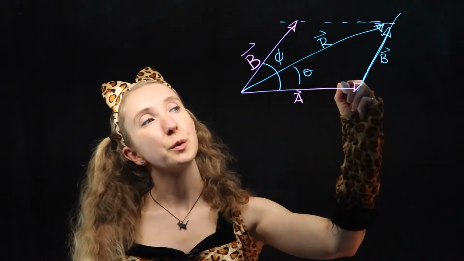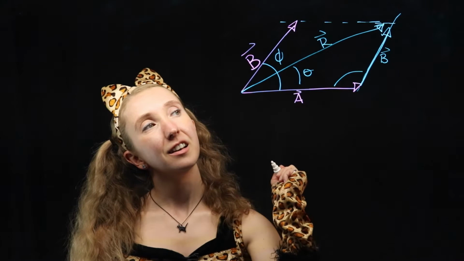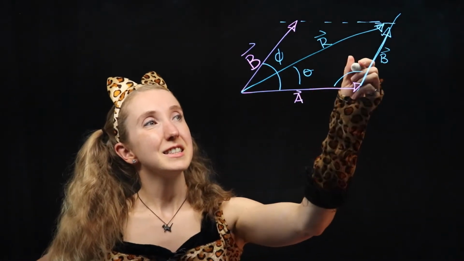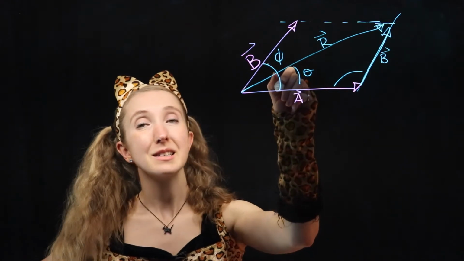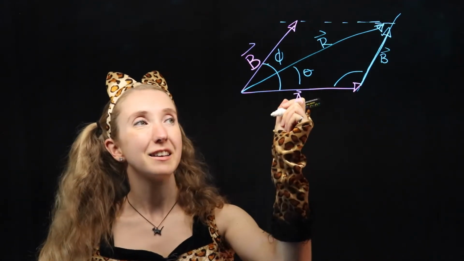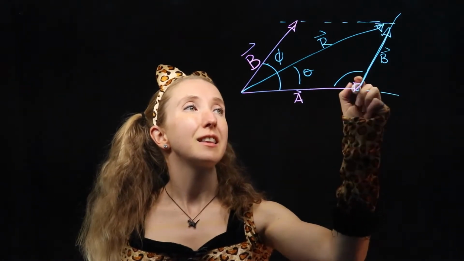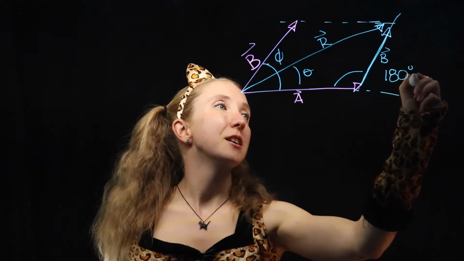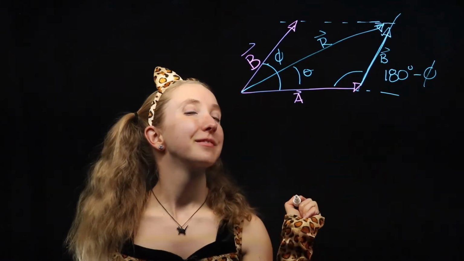And to solve for this angle, well, this angle must be the same as this angle for B, which is phi, which means that this angle must be equal to 180 degrees minus phi.